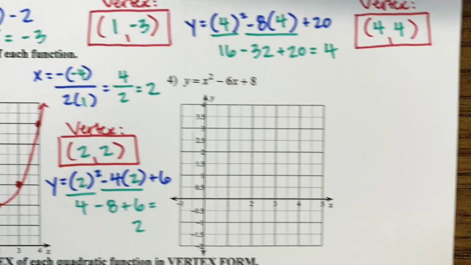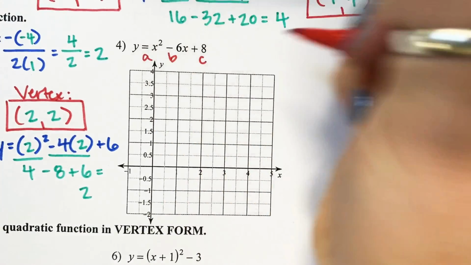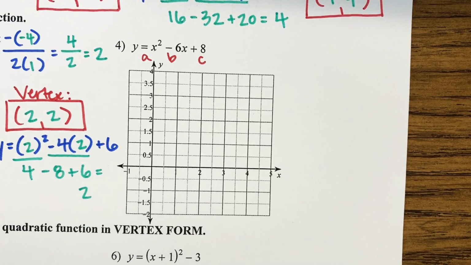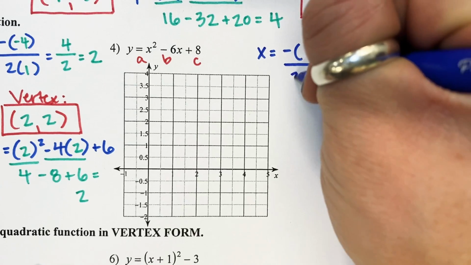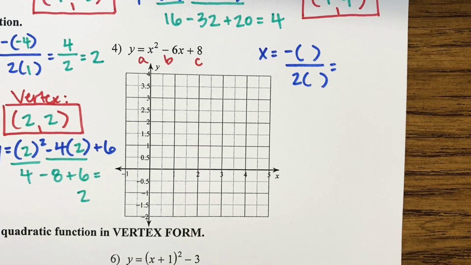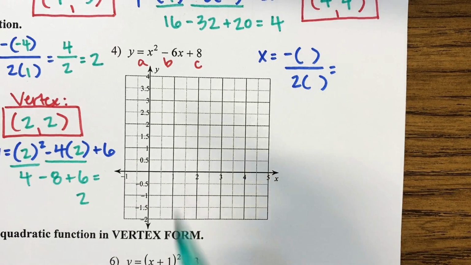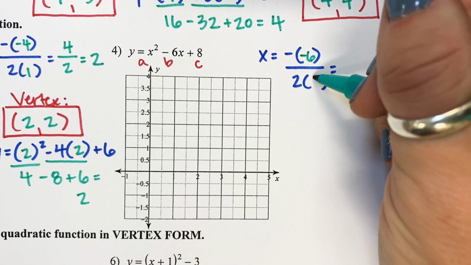Okay, one more time in standard form. So I have my A, B, and C. Plug it into our mini formula: X equals negative B over 2 times A. B goes on top. My B is negative 6. A goes on bottom. My A is 1.